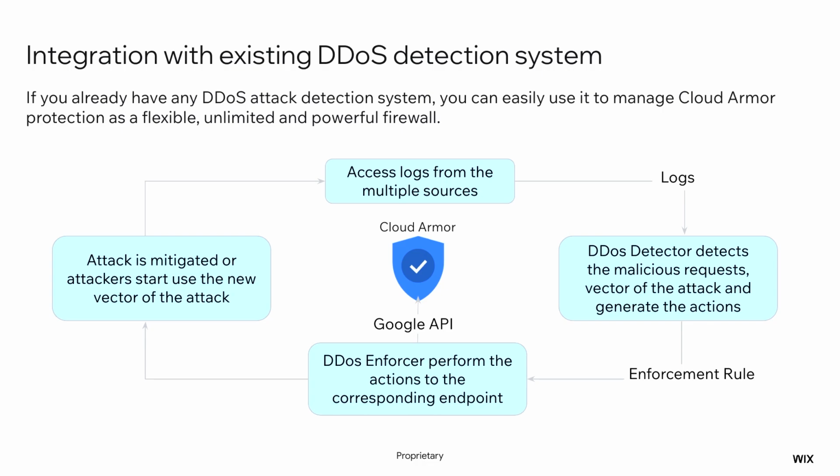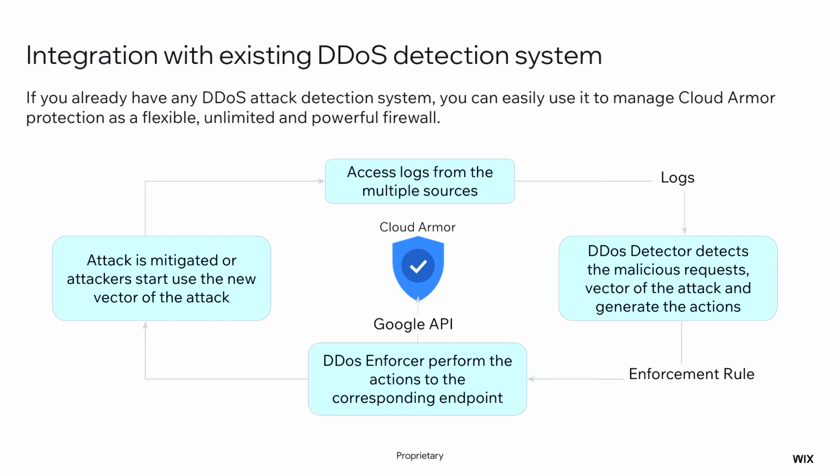DDoS detector analyzes access logs, detects malicious requests, recognizes attacks, and generates the actions. DDoS enforcer performs the actions to Cloud Armor with Google API, and the attack is mitigated by Cloud Armor protection.